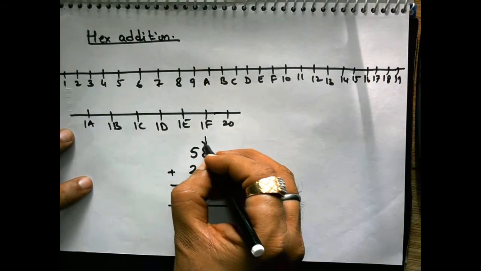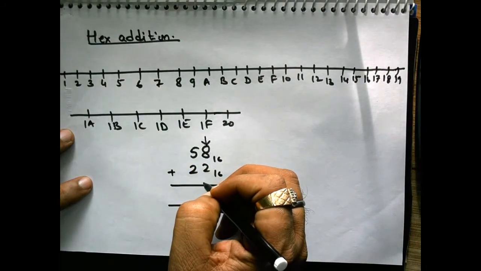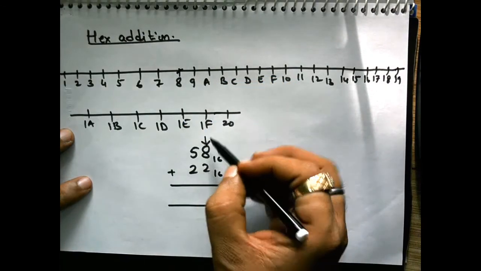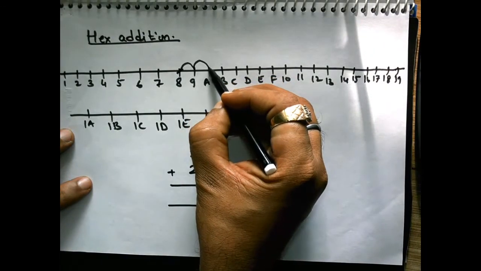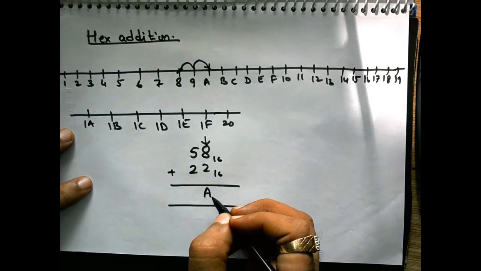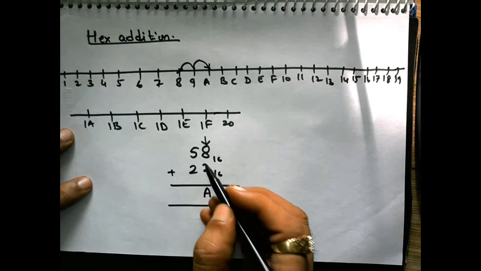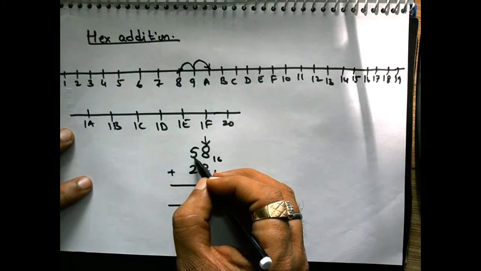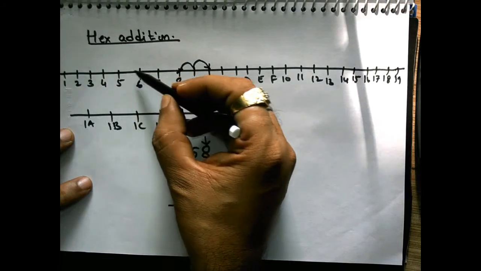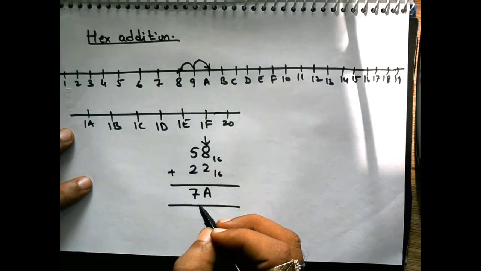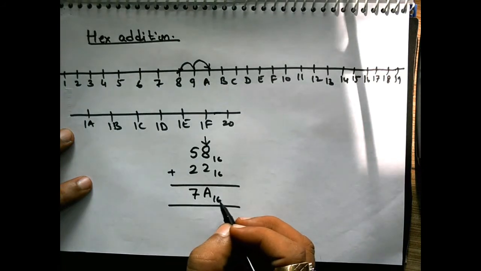You take this first column and you are at the position of 8. You have to move 2 steps to the right hand side. You will reach A with no carry, and for the second column you are at the 5 and you have to move 2 steps to the right hand side. So 7A in hex is the answer.